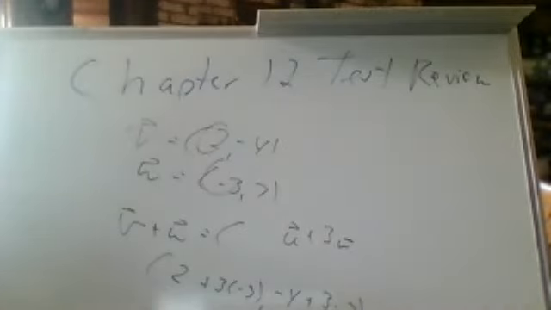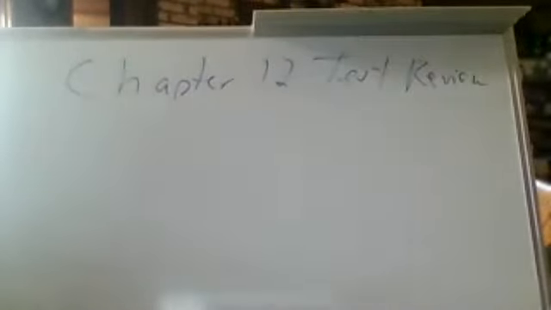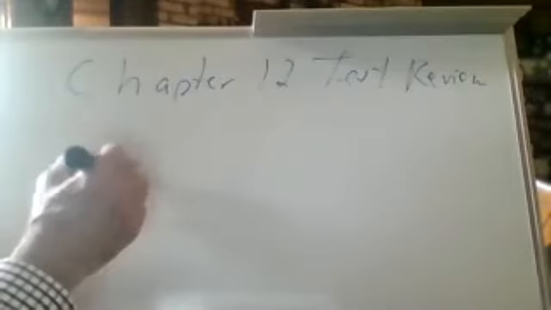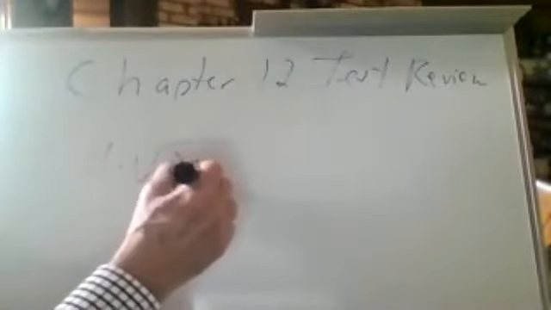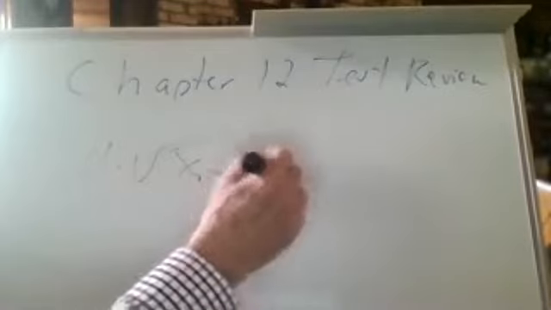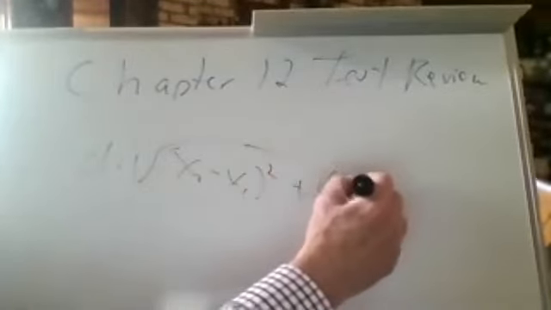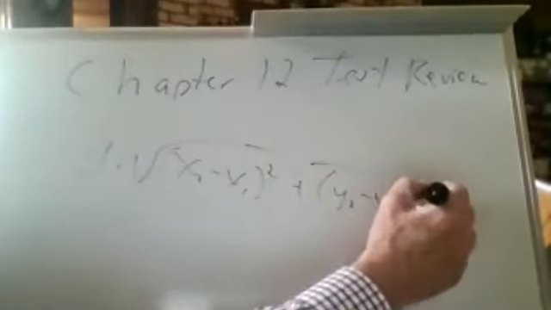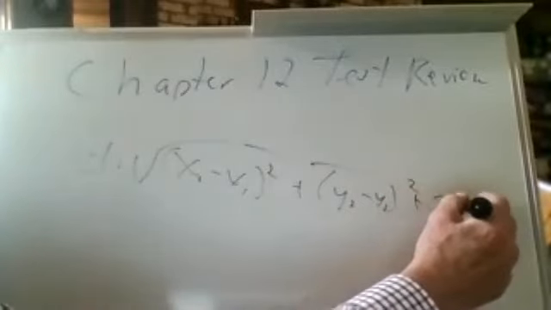All right, the next question I modified, it actually asks you to plot points on a coordinate plane. We're not going to do that. That's just too weird, okay, as you saw from the lesson. But it does ask you to find the distance between the points, okay? Well, the distance between the points is the distance formula, okay? The distance between the 2 points is the square root of the difference in x values squared plus the difference in y values squared plus the difference in z values squared.